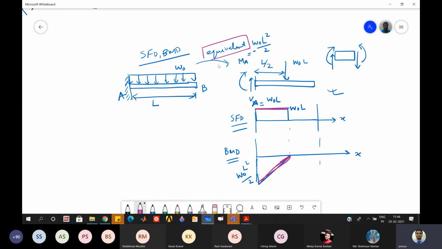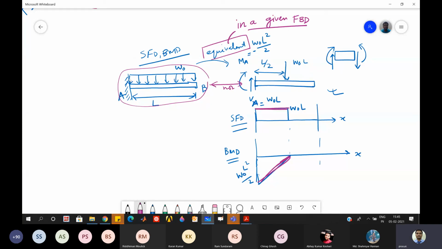This is equivalent in a given FBD. So you first draw the FBD, and after drawing the FBD, you replace that distributed load with the equivalent single force or point force. But it is not the equivalent of the loading.